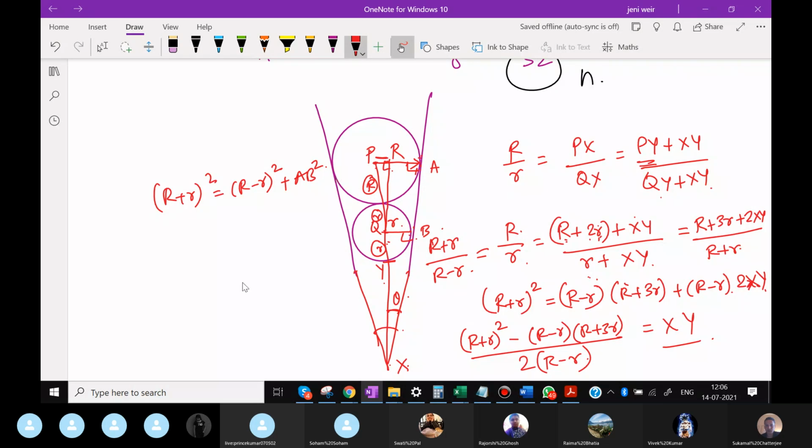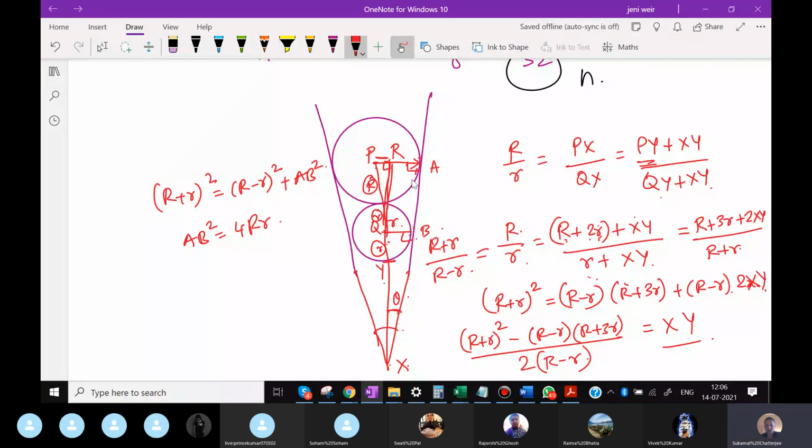Yes, sir. So that means AB square is equal to 4R into small r, right? Right? Yes, sir. Which will be equal to this distance out here.